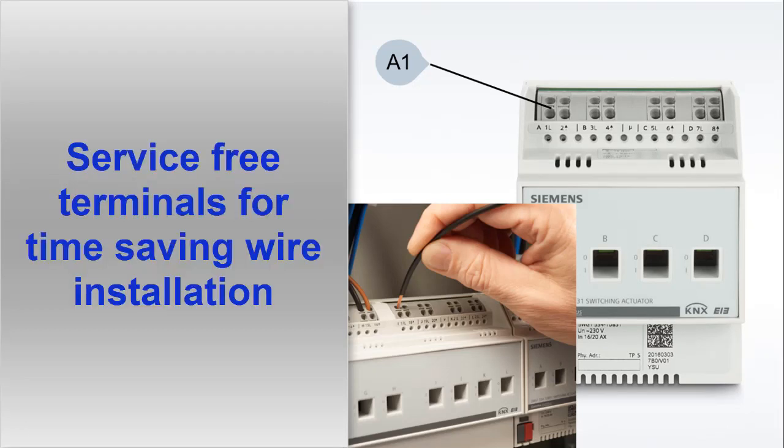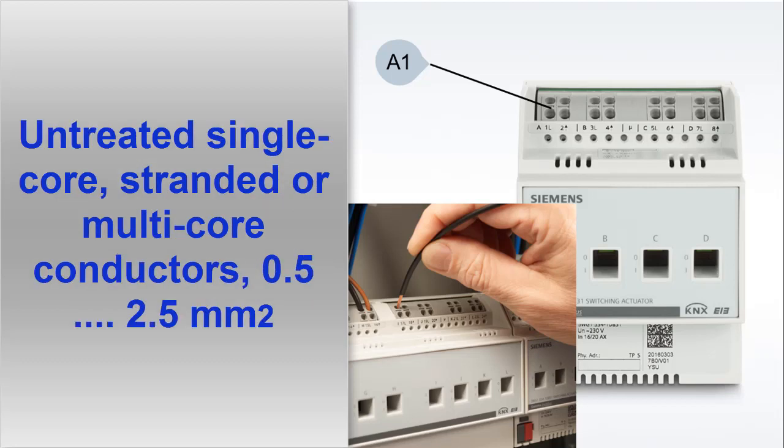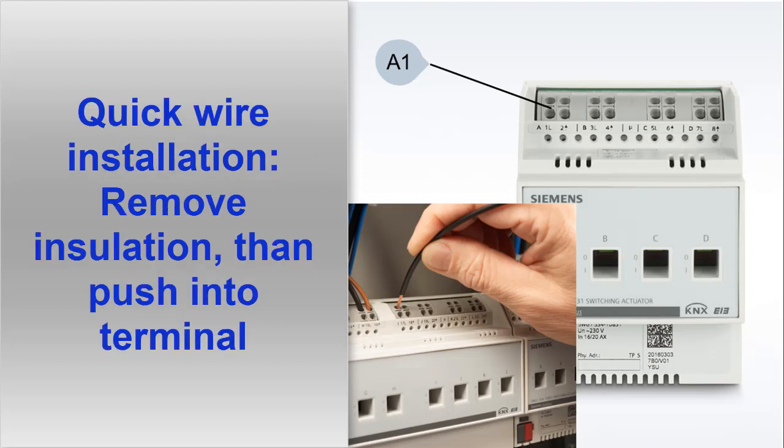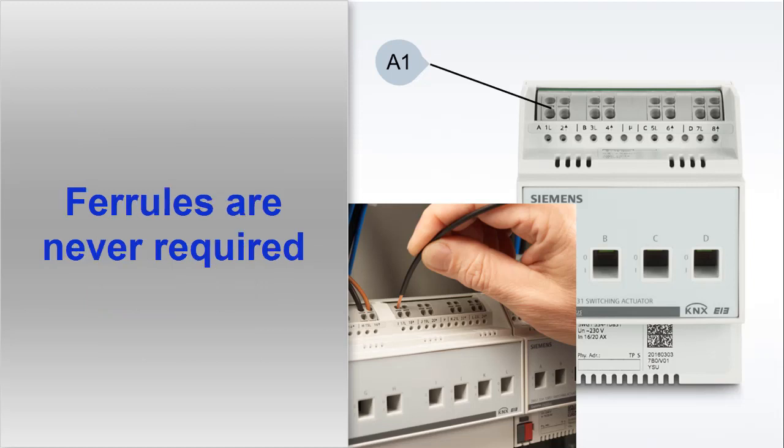Advantages in detail. Service-free terminals for time-saving wire installation. Connection of untreated single-core, stranded or multi-core conductors 0.5 to 2.5 square millimeters. Quick wire installation. Remove insulation from the conductor and push into terminal.